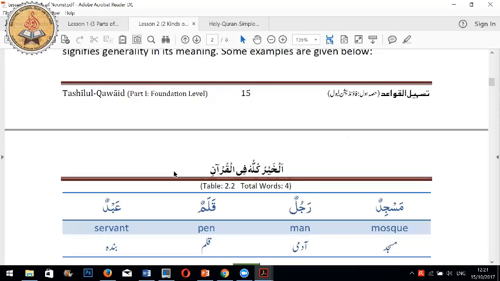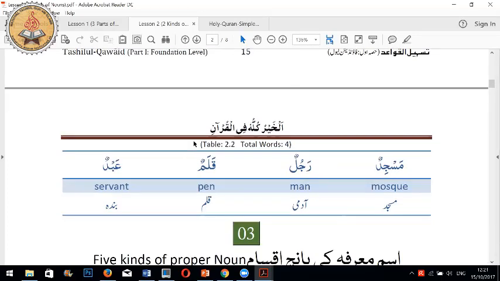Table 2.2, and the 4 words I have given. Remember, masjidun and this tanween, 2 dhamma on the last letter. Rajulun, the last letter lam carries a tanween of two dhamma.